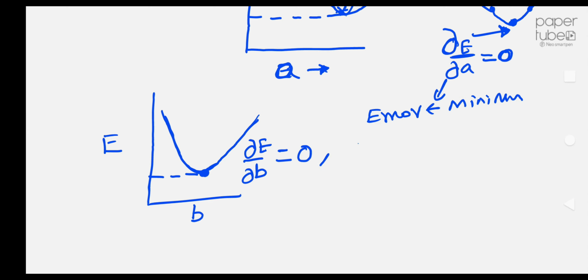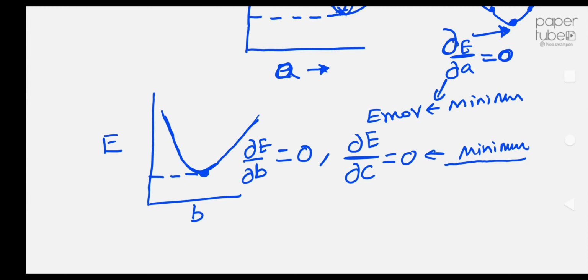Similarly, the change in error with respect to c should be equal to 0, which represents the point where your error will be minimum.